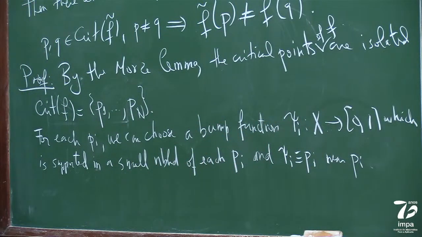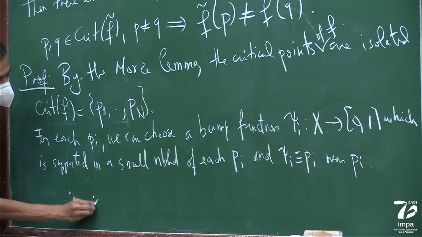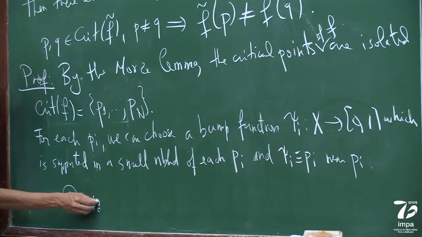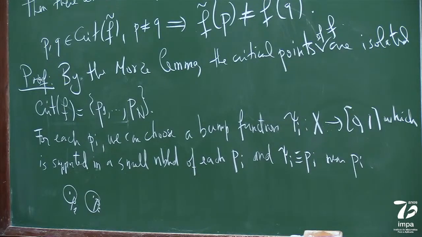Of course I want these neighborhoods to not intersect. So p1, p2 are isolated, so I can choose open sets that don't intersect. I want to choose a bump function on each open set that takes values in [0,1], such that the support is contained there, and it's identically equal to 1 in an even smaller neighborhood.